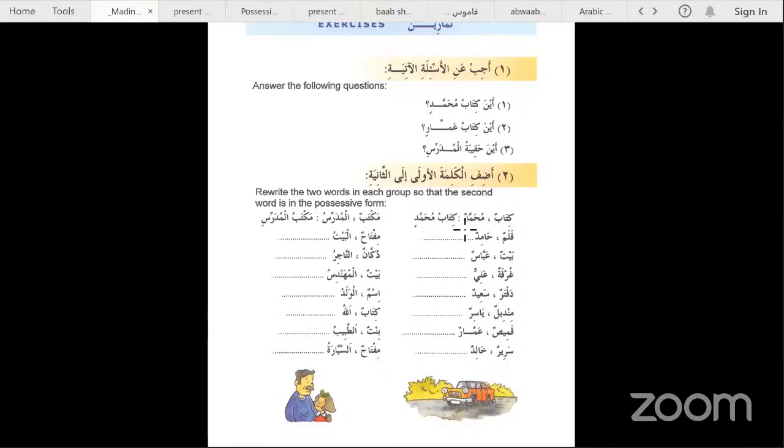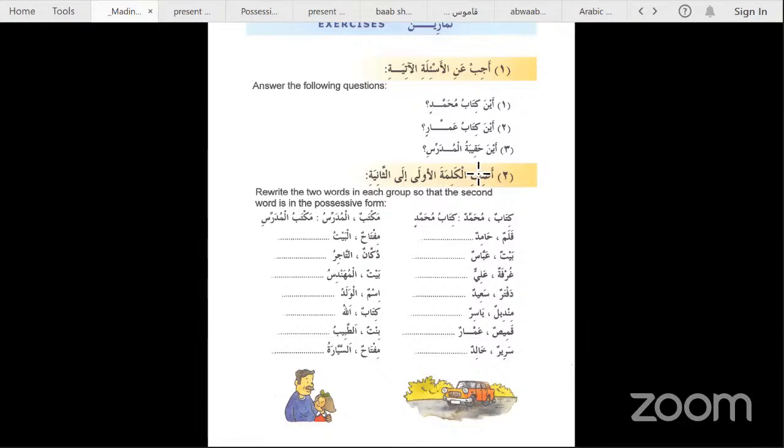Excuse me. Why didn't it convert into sarirati? No, it shouldn't be sarirati. It should be ala sariri. It remains the same. Sorry, you're right.